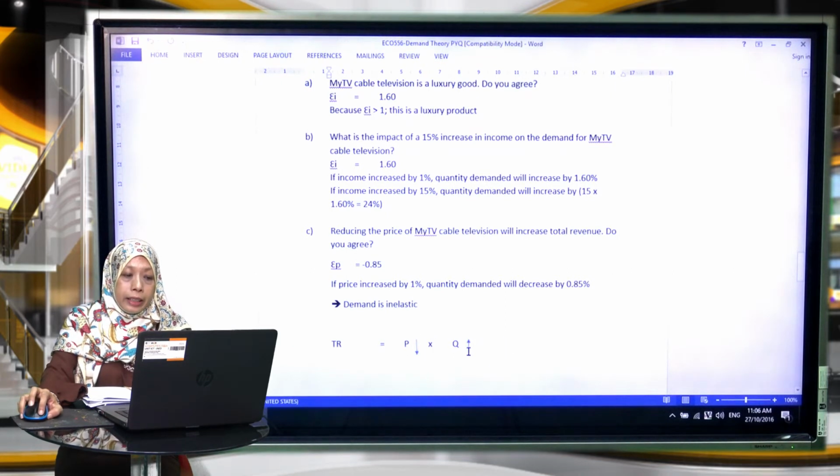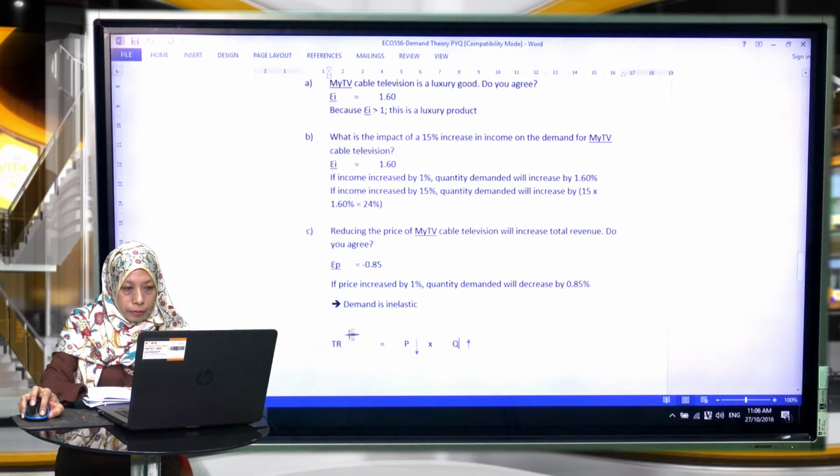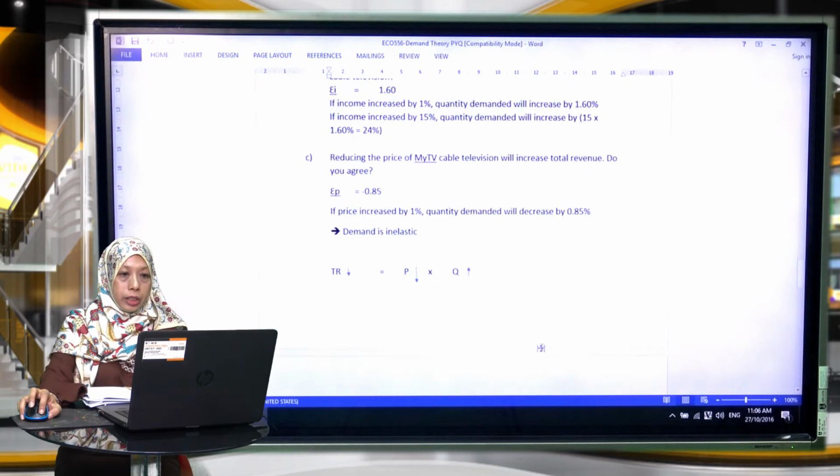So eventually the effect on total revenue is that total revenue will fall. So when you introduce a price discount, total revenue won't increase. Instead, total revenue will decrease. So in these instances, you would disagree with reducing price as a way to increase total revenue. If you want to increase total revenue, you should instead introduce an increase in price.